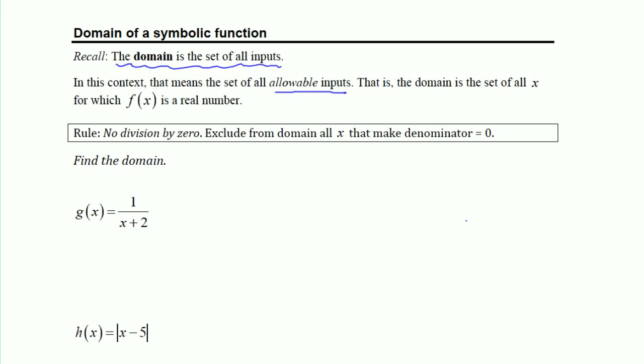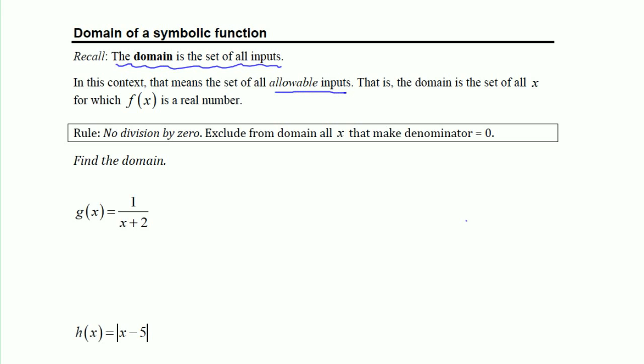Later in the course, we'll also get into square roots and see that they have a restricted domain. If you go on to college algebra, you'll also get into log functions, which have a restricted domain. So as our repertoire of functions increases, the number of special cases that we have to look for in domain also increases. Right now, all we're looking for is division by 0 errors.